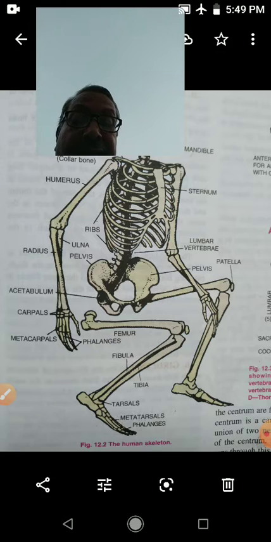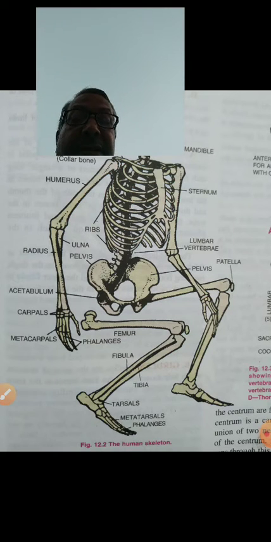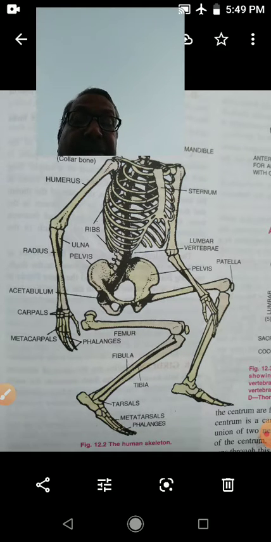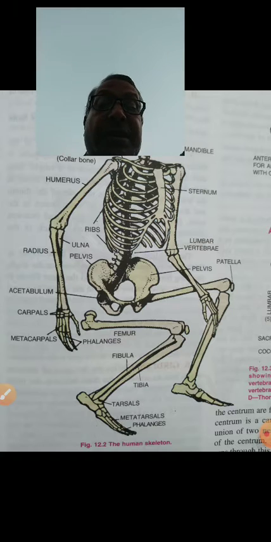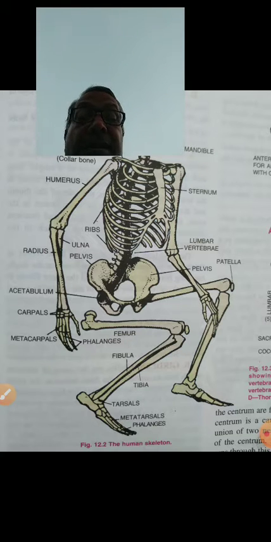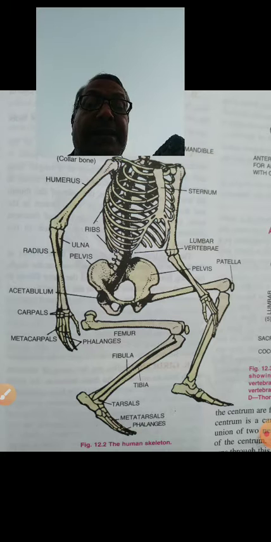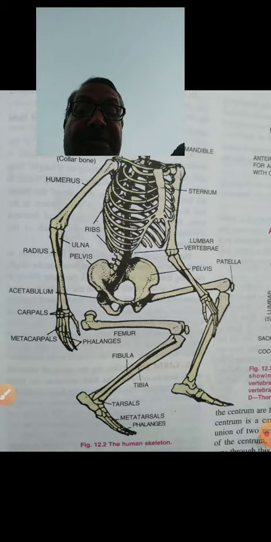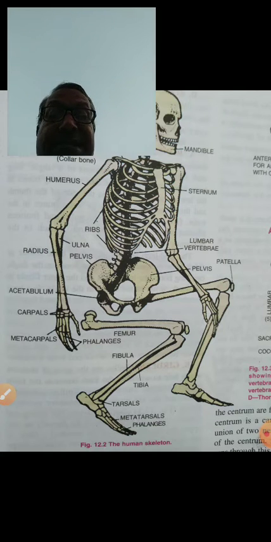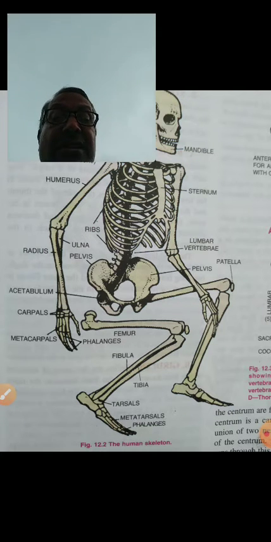So 30 in the left hind limb and 30 in the right hind limb. So 60 bones. In this way 60 plus 60, 120 bones are present only in the limbs. So including the bones of the ear, 3 tiny bones, that is the malleus, incus and stapes, altogether the total bones present in the human skeleton is 206.